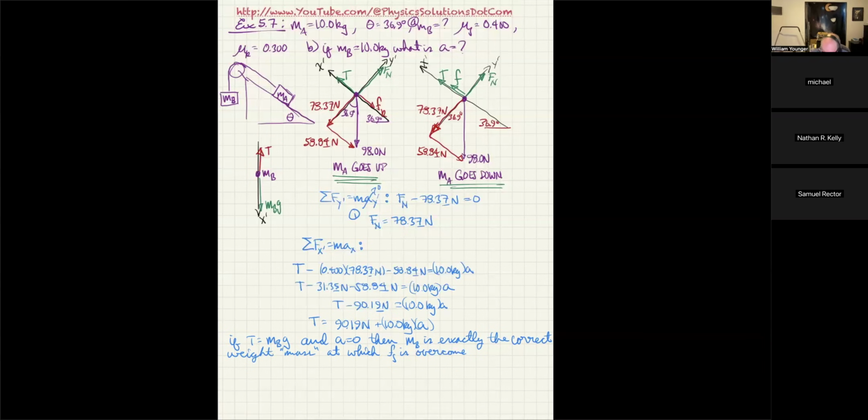In other words, if I set that equal to that, that's the bare minimum mass that could be hanging on the side that would make it move up the incline. And that's one of the numbers we're wanting.